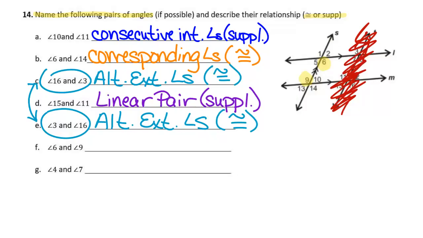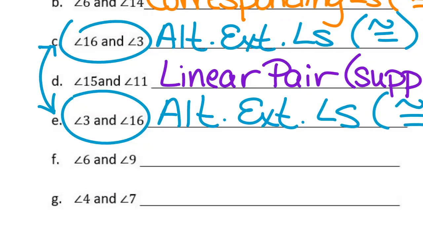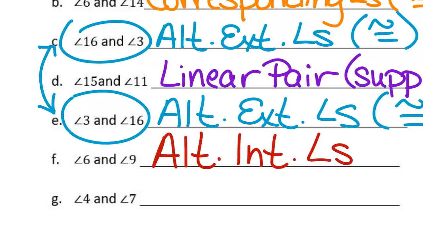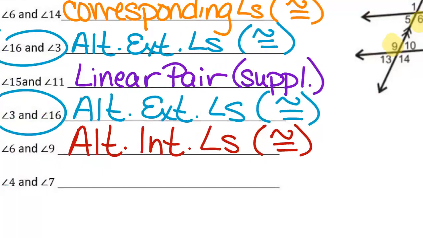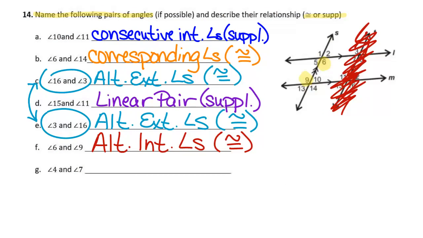Is 6 interior or exterior? Interior. Is 9 interior or exterior? 9 is also, so these are both interior angles. We don't have one of each. They're on opposite sides of the transversal. What do we call those? Alternate interior angles. Congruent or supplementary? Congruent. Alternate interior angles are congruent.